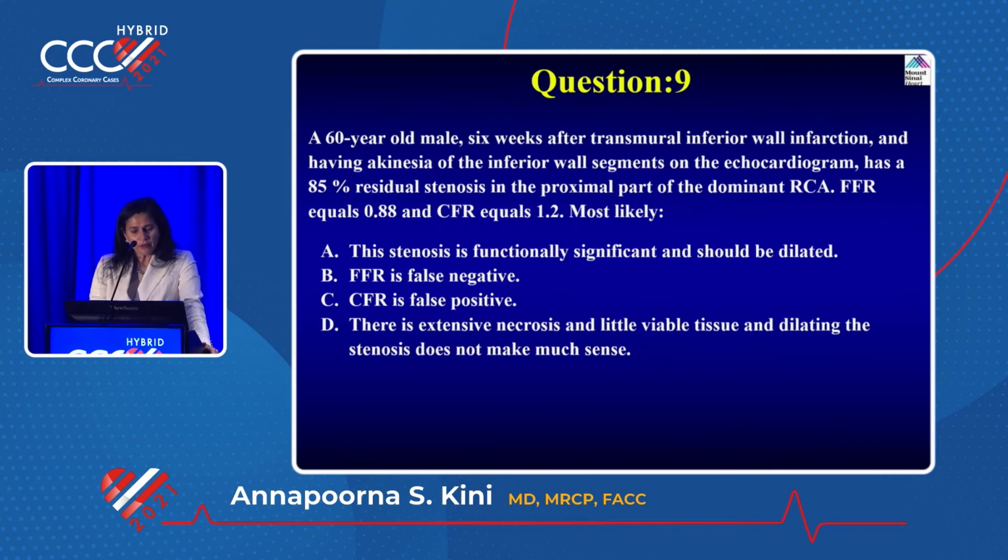Now, a 60-year-old male, 6 weeks after a transmural inferior wall MI, having akinesis of the inferior wall segment on echocardiogram, has 85% residual stenosis. FFR 0.88, CFR 1.2. Why is CFR abnormal? Because of the recent MI and microvascular plugging.